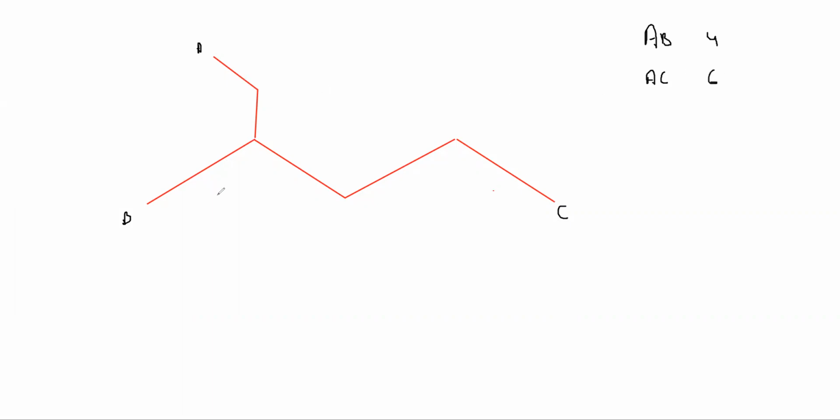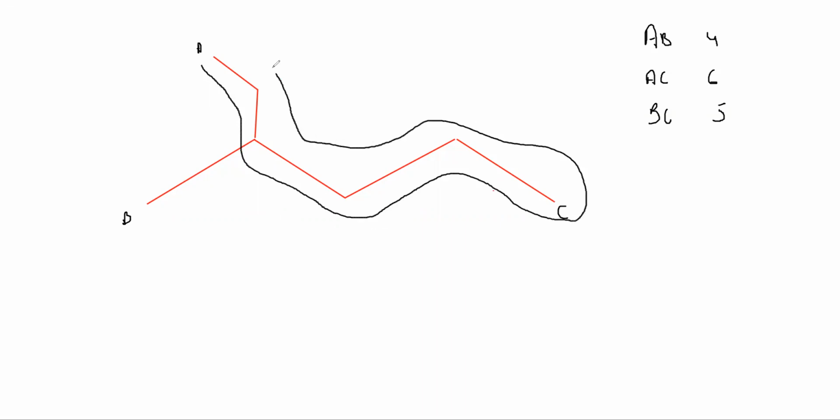When I count from B to C, 1, 2, 3, 4, 5. So which one is the longest chain? From A to C is the longest chain. So I select this.